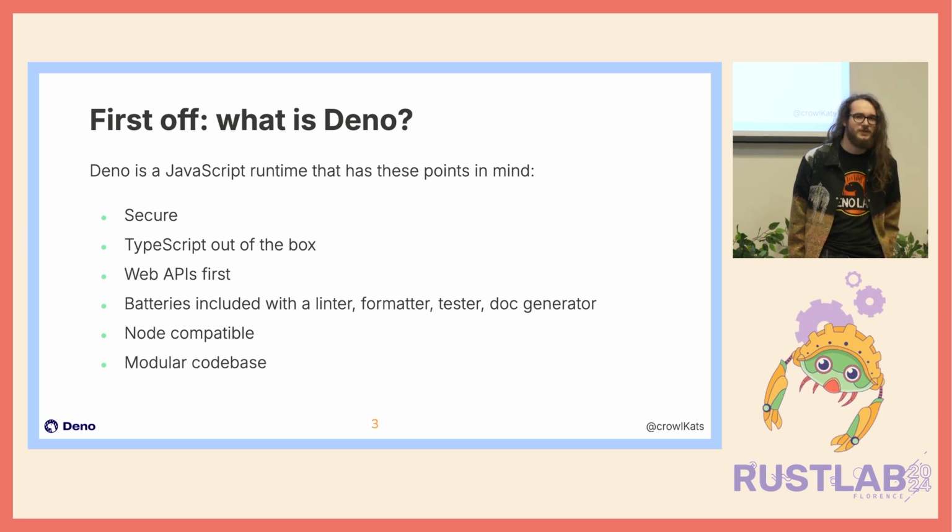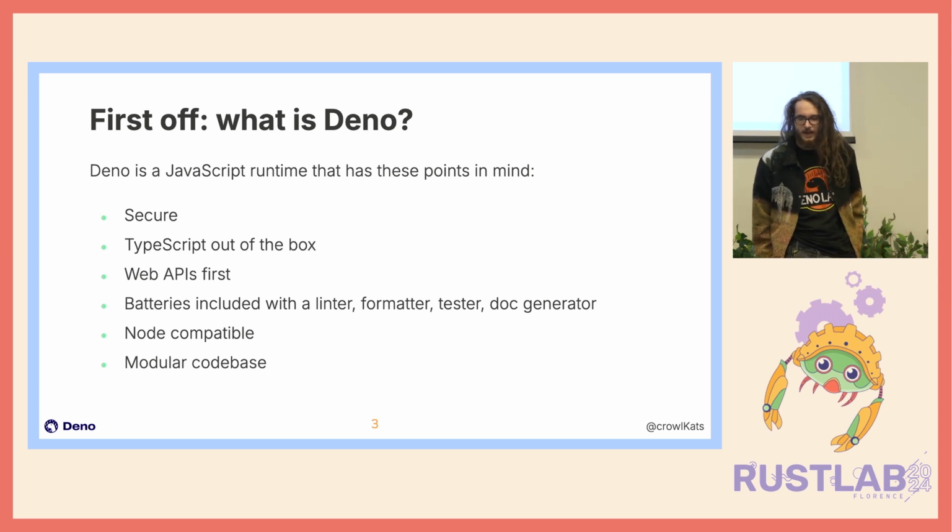This is an improvement so people that do front-end can more easily interoperate between back-end and front-end and not have to know different APIs. We have a bunch of tooling, testing, doc generation, benchmarking, linting, formatting, and a bunch more, like compiling to a single executable and easy to distribute.